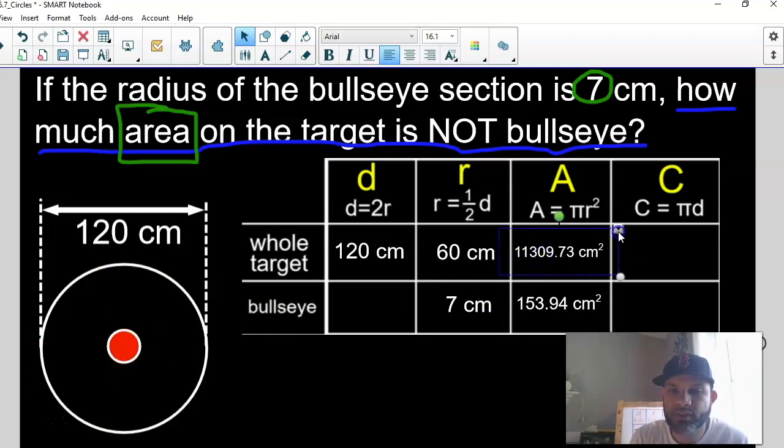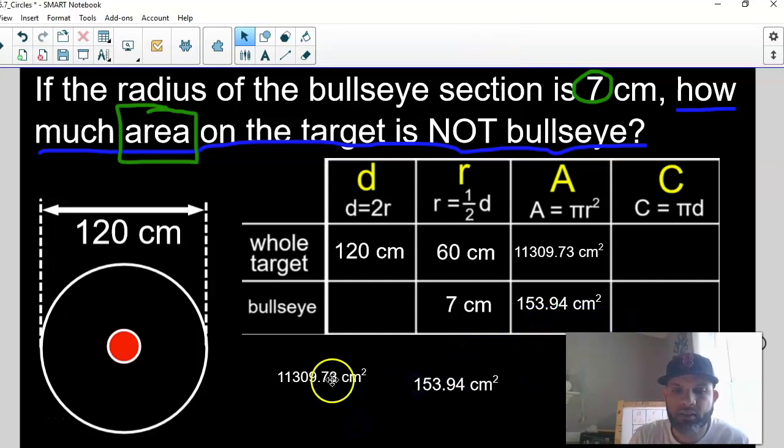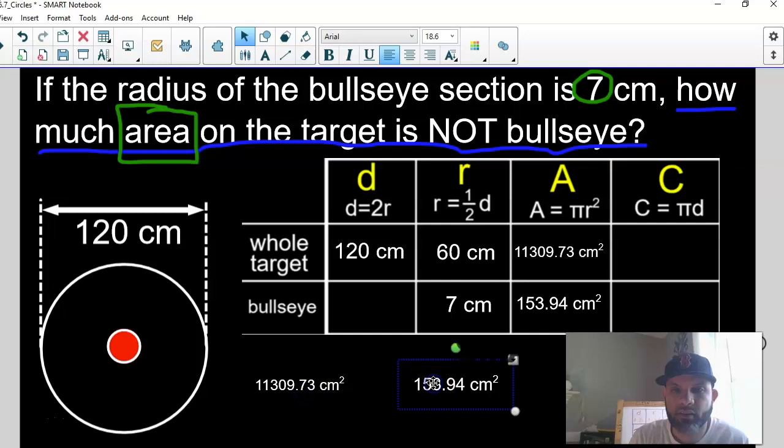In other words, it would be the whole target area minus the bullseye target area.